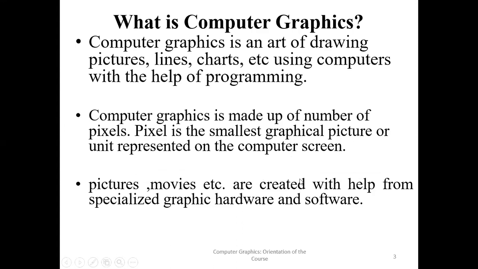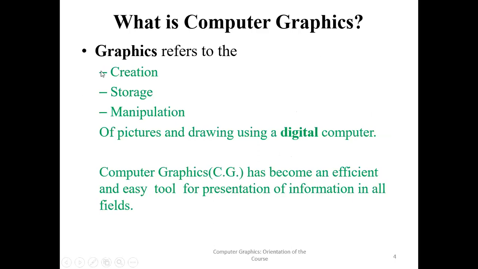We can take help from specialized graphic hardware and software to make better graphics designs. One example of graphic hardware is a graphics tablet. Now, to sum things up, graphics refers to the creation, storage, and manipulation of pictures and drawings using a digital computer, and it becomes an efficient and easy tool for representation of information.